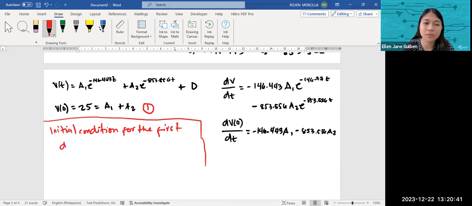First derivative, dvo over dt and dio over dt.